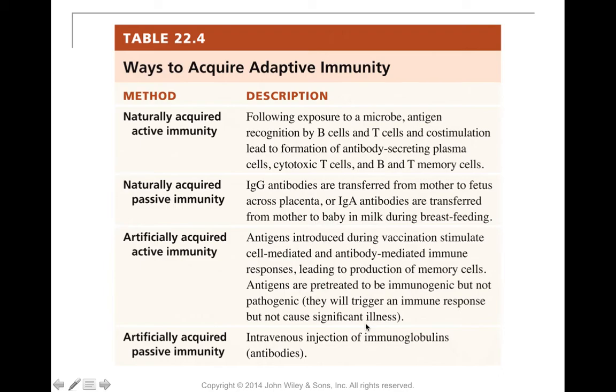And last but not least, we can have artificially acquired passive immunity. And this is very relevant right now. This is going to be when we take a blood transplant or transfusion from an individual who has already seen the pathogen. For example, COVID-19.